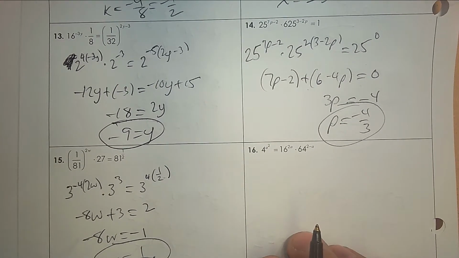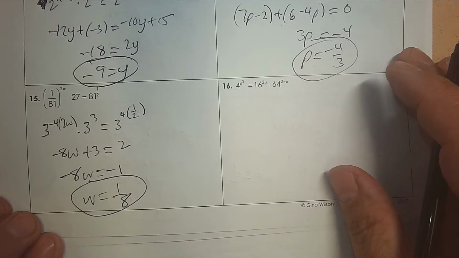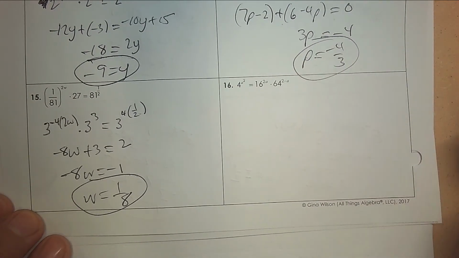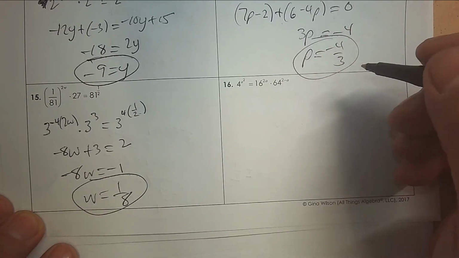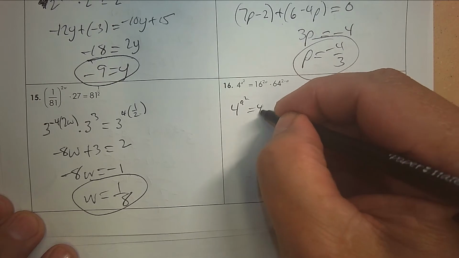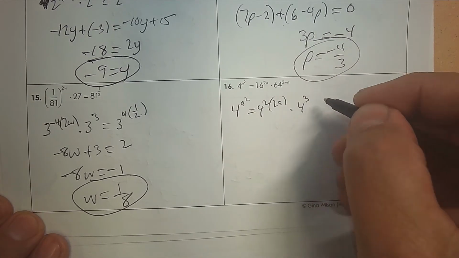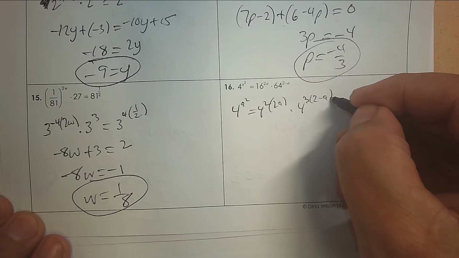All right, one more, number 16. There it is. The common base here will be 4. So 4a squared, 4 squared, 2a, and then 4 cubed, and we have a 2 minus a.